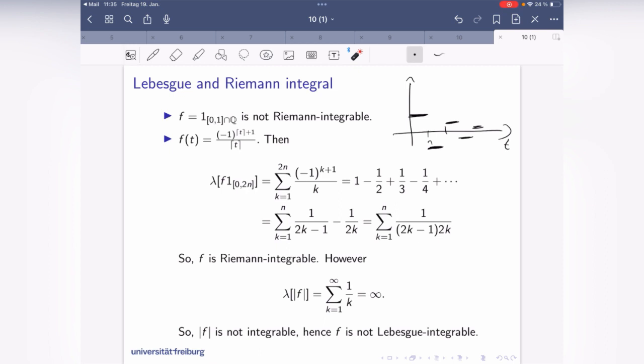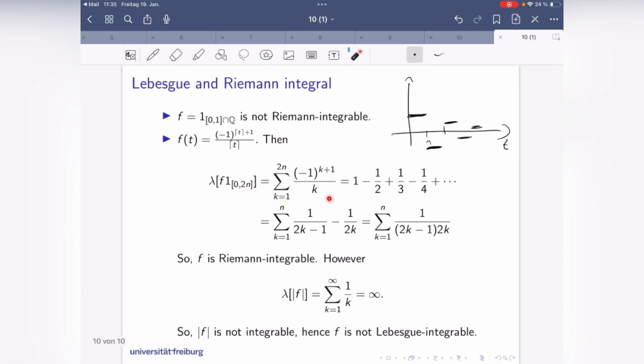But if you evaluate the integral over a compact set, so 0 to 2n, for example, you have this just by definition. And when you write this down, we just went through all the values: 1 minus a half, plus a third, minus a fourth, plus a fifth, minus a sixth, and so on.